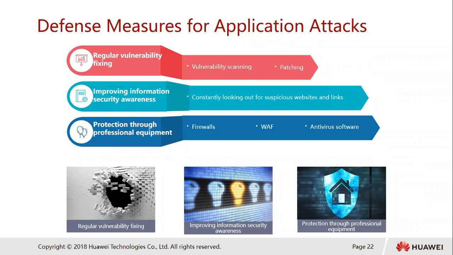For example, if you have a hole on your clothes, you get a piece of cloth and mend that hole, that is what we call patching. So we need to do regular vulnerability fixing in our organizations.